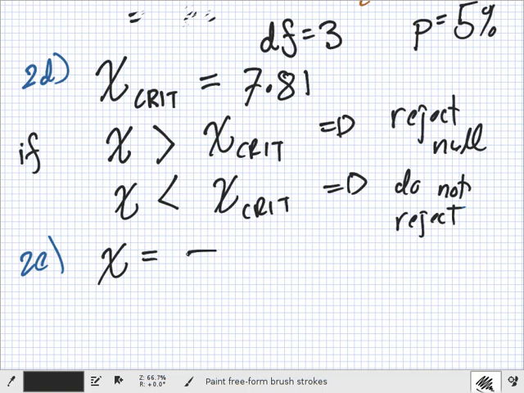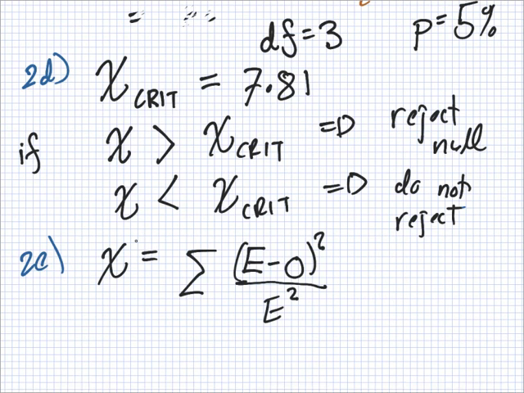It's the sum of expected minus observed, squared, divided by e squared. Divided by e squared? Is it like this? Well, look, it's in the formula book if you don't know. Did you find it? Here, I'll show you where it is. Divided by e, not e squared. Yeah, correct.